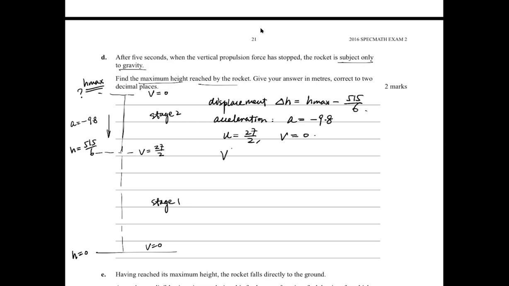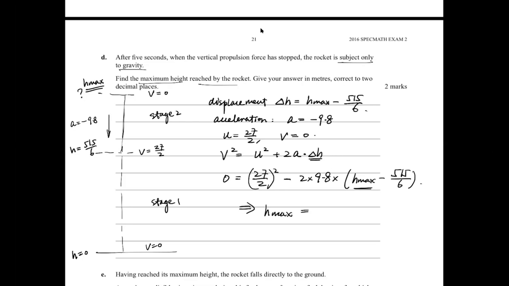How about v squared equals u squared plus 2a times delta h, which is s here. 0 will be 27 on 2 squared minus 2 times 9.8 times h max minus 515 over 6. And we can solve for h max here.